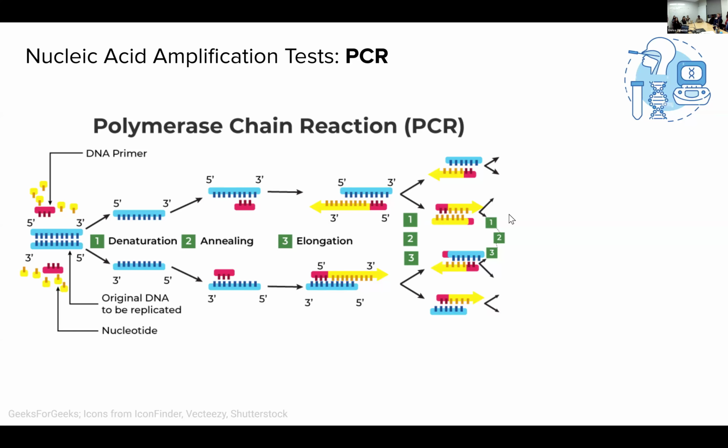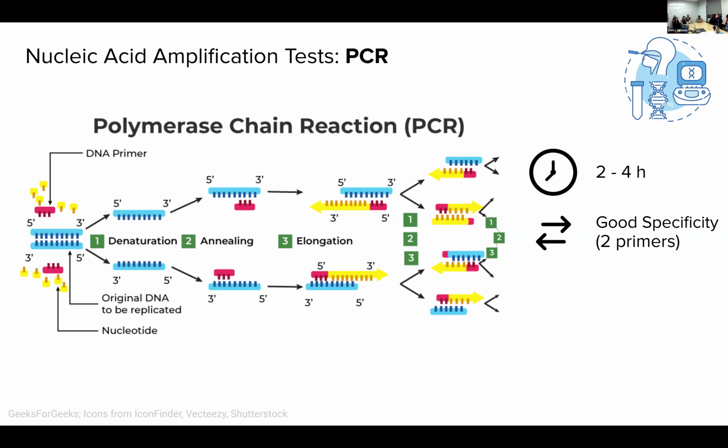The thing about PCR is if you are running a typical PCR reaction, it'll take a couple of hours, 2 to 4 hours, and you need to be a trained technician to run it because you have to do sample extraction and processing and then also run it on a PCR machine. There is good specificity. You have these red-pink parts called primers that are specific to your target pathogen, DNA or RNA.